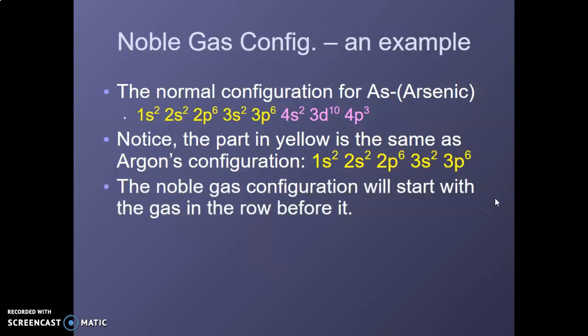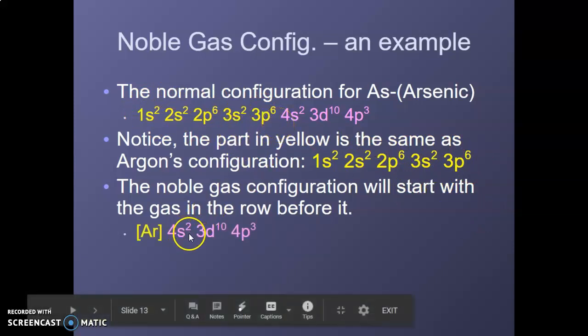So the noble gas configuration will start with the gas that's in the row before it. So for this up here, we can do some substitution, and we can say that all of this in yellow equals bracket argon, and then we just need to continue beyond it. 4s2, 3d10, 4p3. So remember, bracket argon equals 18 electrons.